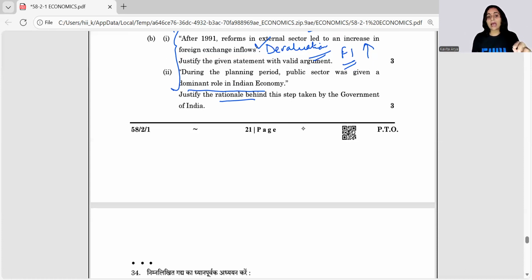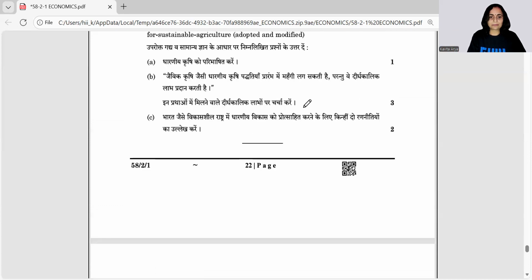The private player did not have the required funds, and this whole process of development needed a huge gestation period. Means for this development, the private sector had to wait for its returns, which is usually not seen because they are only profit oriented. So the whole initiative fell on the shoulders of the Government of India. That's why it was given a dominant role in the Indian economy, right?